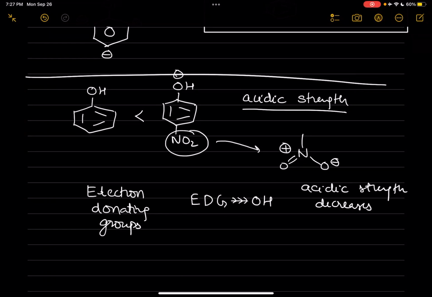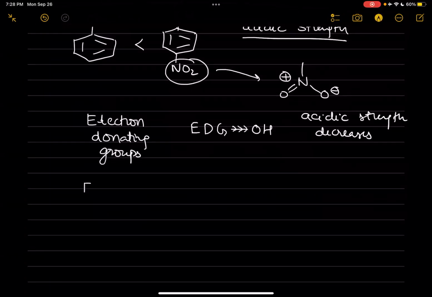Acidic strength is going to come down. Why? Because these electron donating groups push electrons towards oxygen. Oxygen becomes more negative. If it becomes more negative, the H plus is going to remain joined to the O negative. It will not come out.